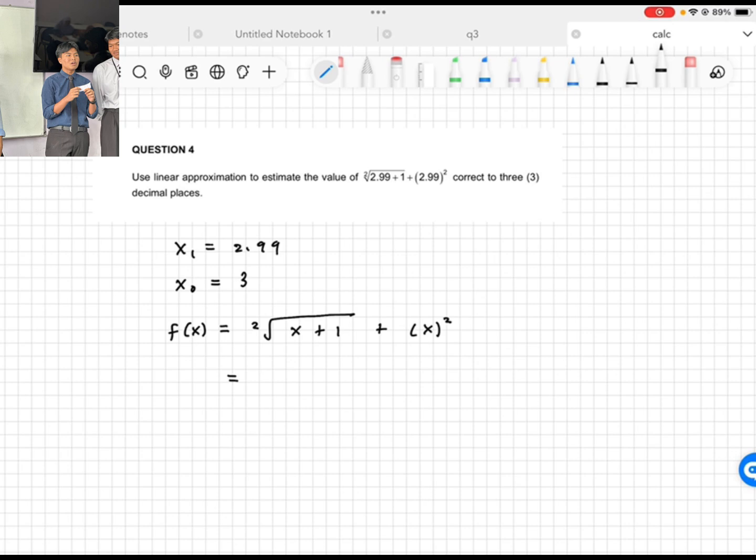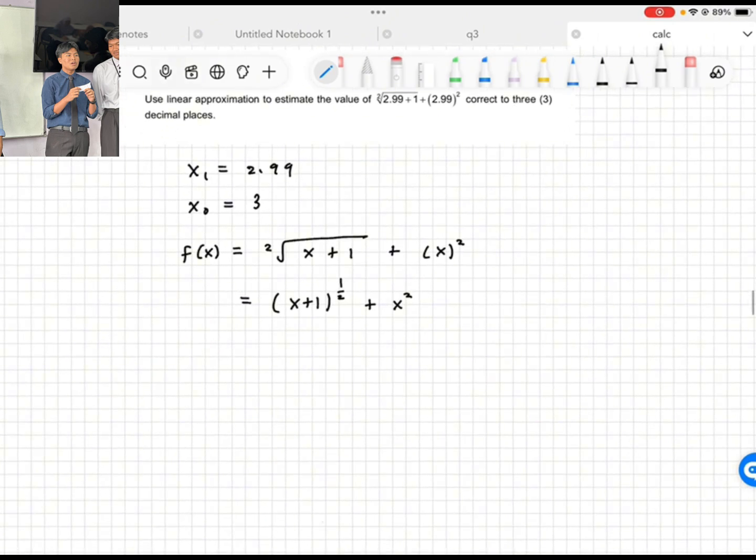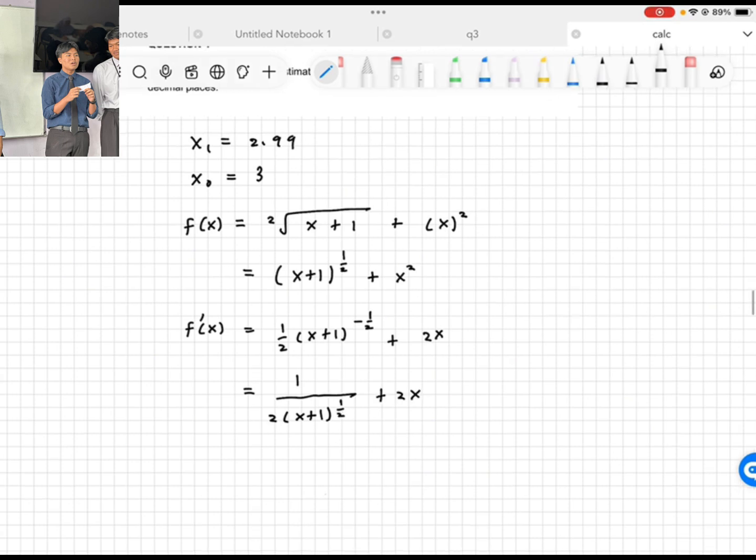To make it easier, I make the square root into the power of 1 over 2 plus x power of 2. Okay, after that we need to change it into f prime using differentiation. Put the power of 1 over 2 at the front, and 1 power of 1 over 2 minus 1, and the 2 power of 2 put at the front to become 2x, and then we put x plus 1 power of negative 1 over 2 at the down to make the power positive, plus 2x.